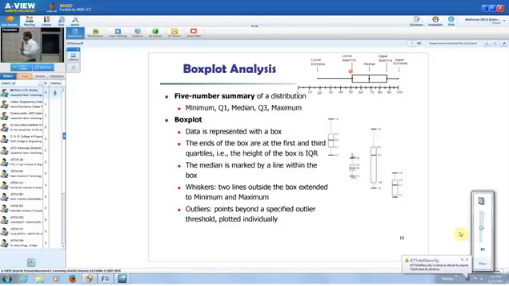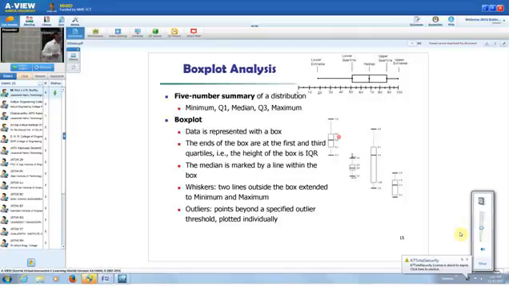So this is one visualization technique. What do you get out of this box plot? You draw box plots for different kinds of data sets, and there you will understand how the spread is.